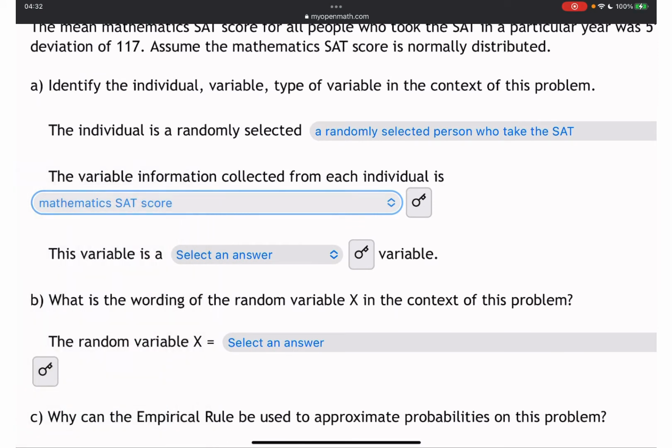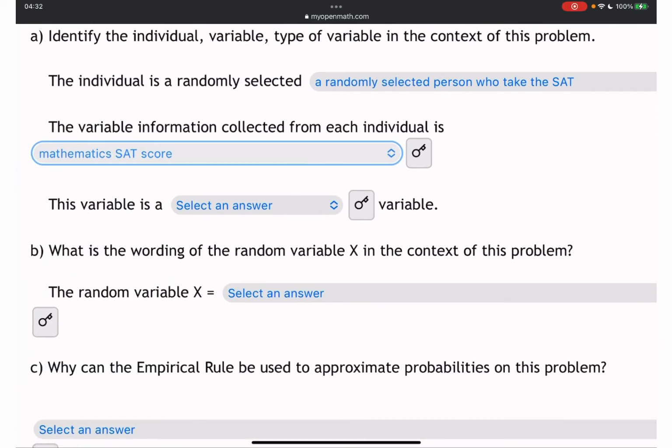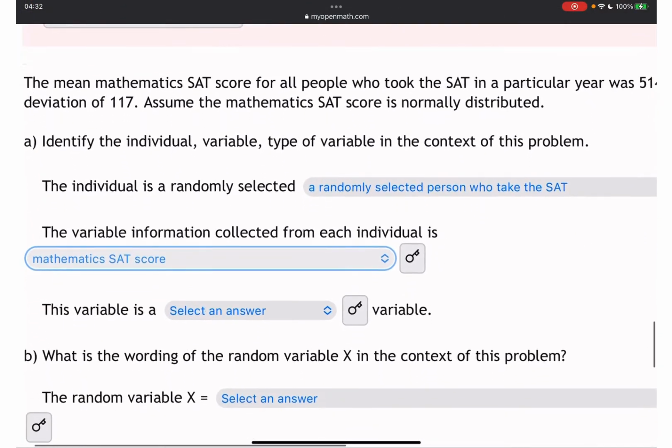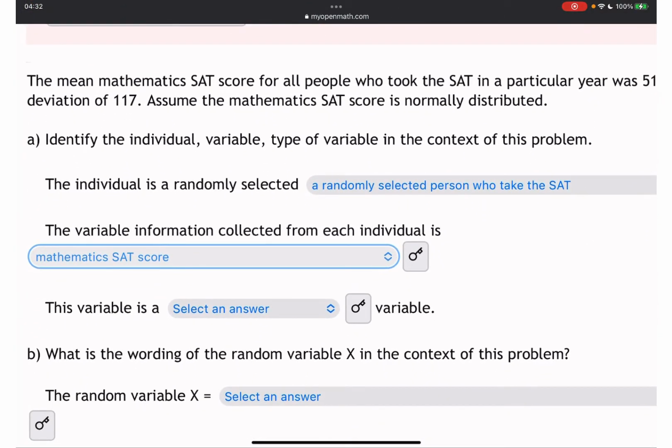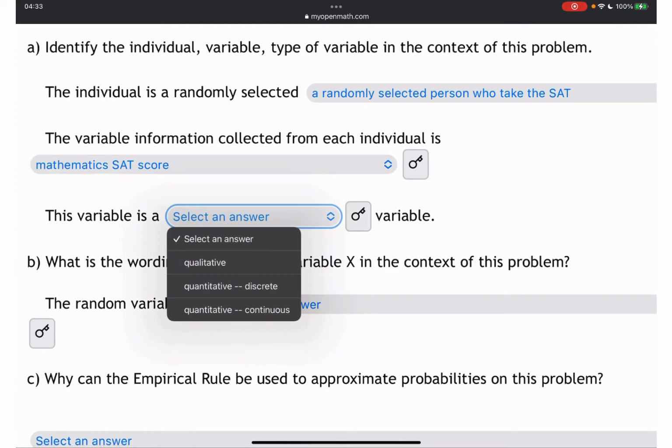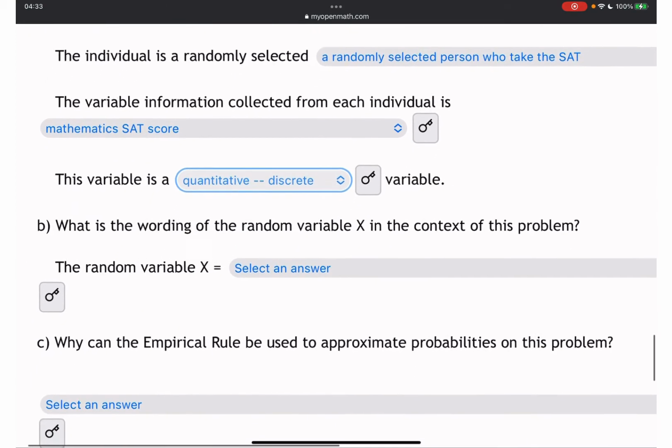Next question, what type of variable do we have? It's quantitative, and because it's about a SAT score, it's going to be discrete. We did this one already.